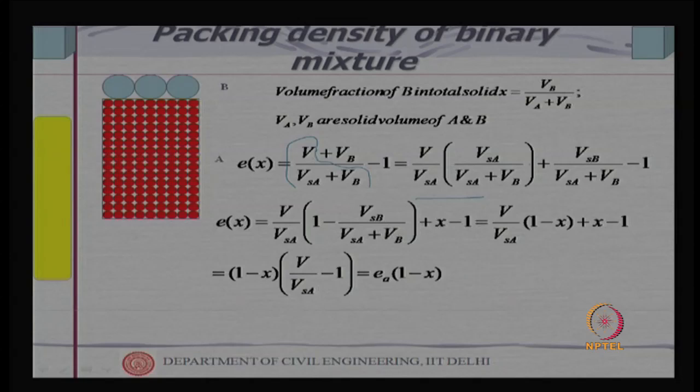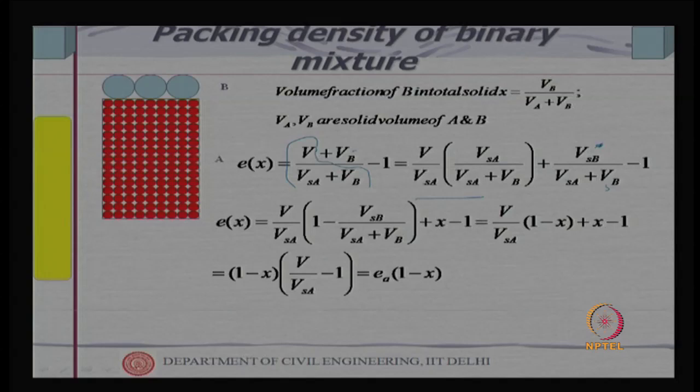The volume of the solid V_B is the amount of solid I have added in the overall system, so V_SB divided by V_SA plus V_SB, because there is no other solid volume. So, V_B is nothing but V_SB. I could have written V_SB as well, because V_B is the same as V_SB.